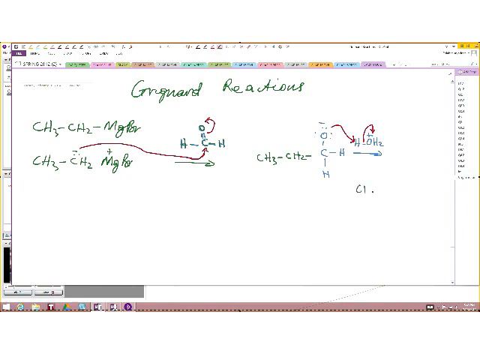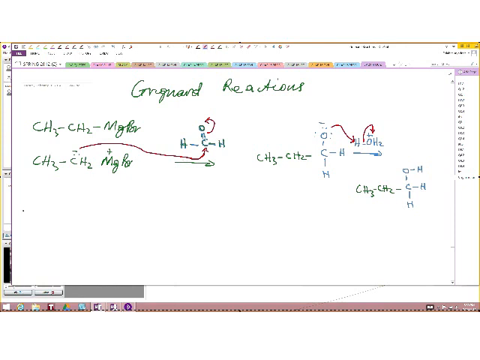We have this. Okay. Now we have a primary alcohol. So, a Grignard will react with formaldehyde to give you a primary alcohol.